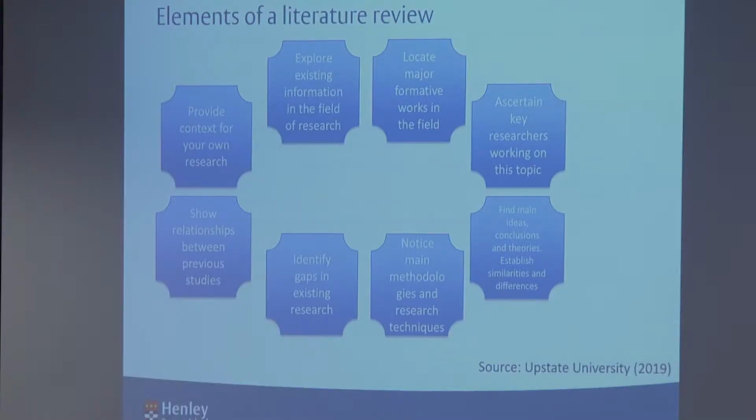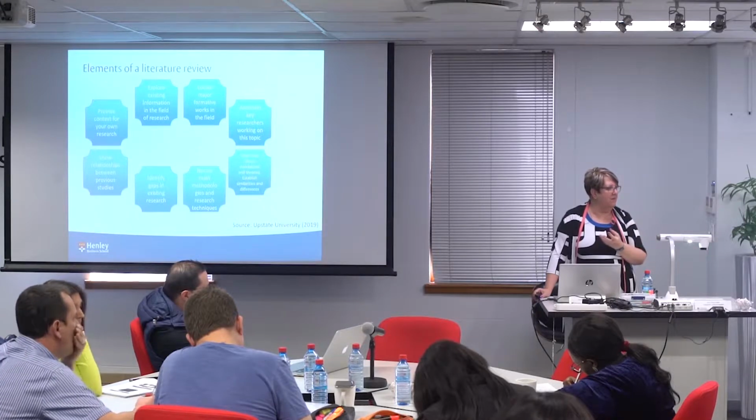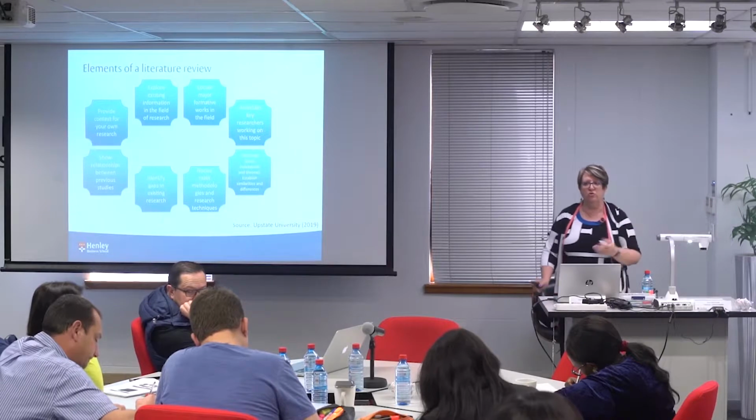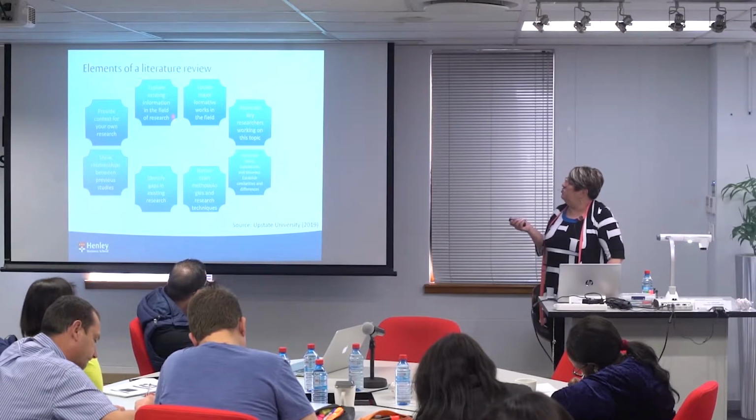In a research process, there's always something new. You go out and you interview people, or you send out a survey and you find something new. And then the literature review supports that. It tells you that it does exist. There are other people out there who also talk about this. And then the last element is to explore the existing information in the field of your specific research.